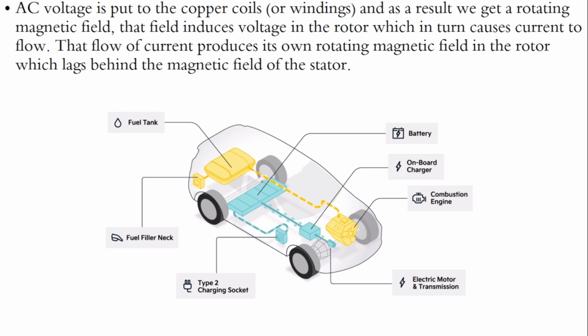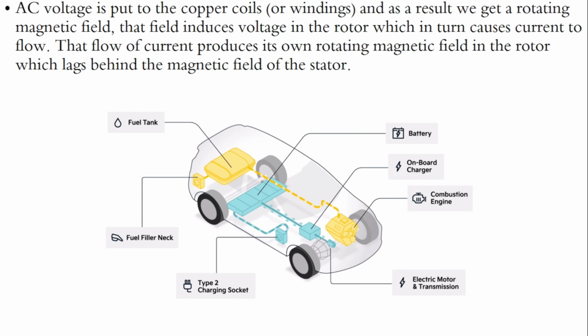The components for the IC vehicle are a fuel tank, IC engine, and fuel filler neck, and type 2 for the charging socket is related to the electric motors. Then we have battery, onboard charging, combustion engine, and electric motor transmission. AC voltage is applied to the copper coils, and as a result we get a rotating magnetic field.